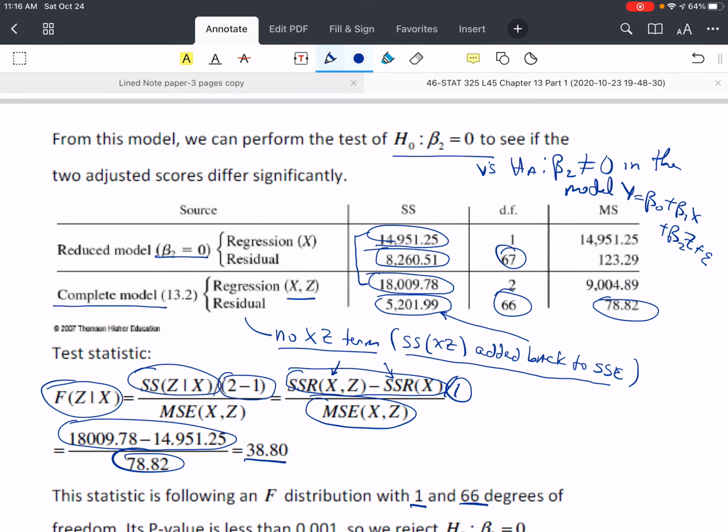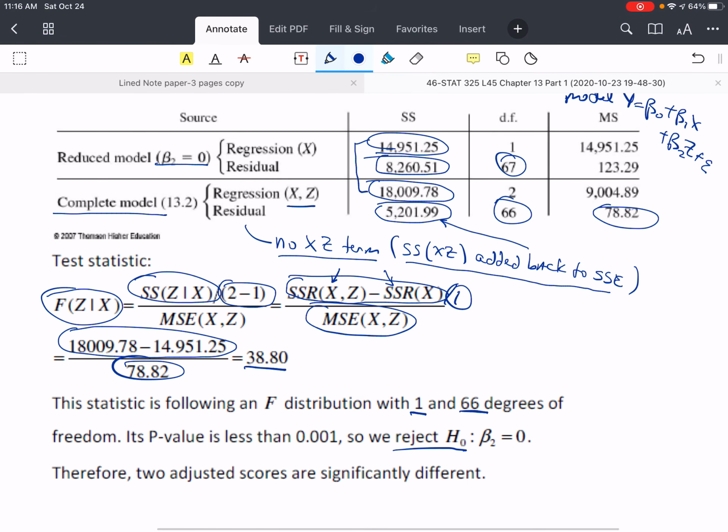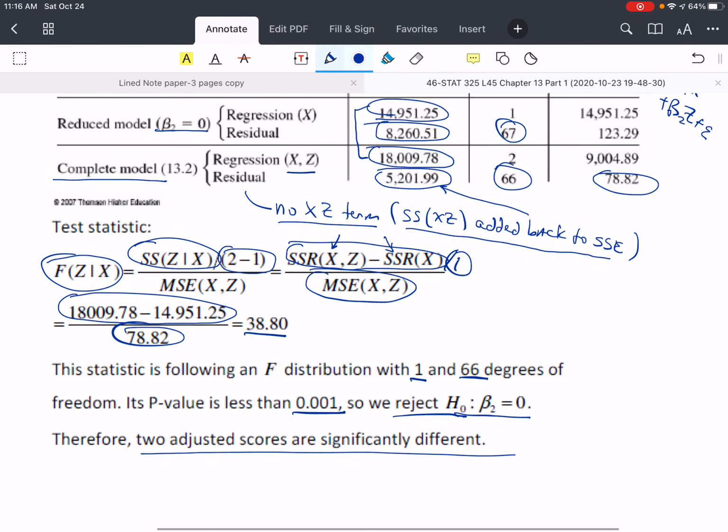The p-value is less than 0.001, so we're going to reject H naught that beta 2 is equal to 0. So we're saying that the two adjusted scores are significantly different.